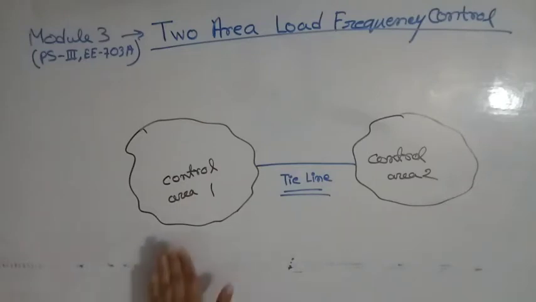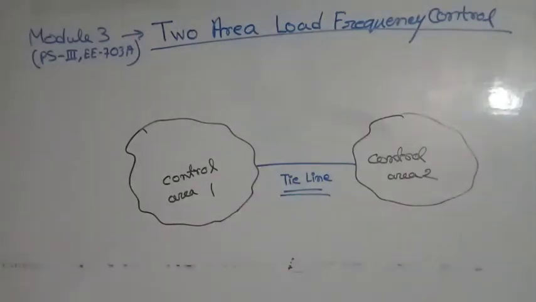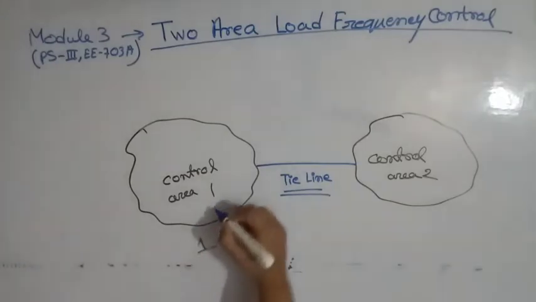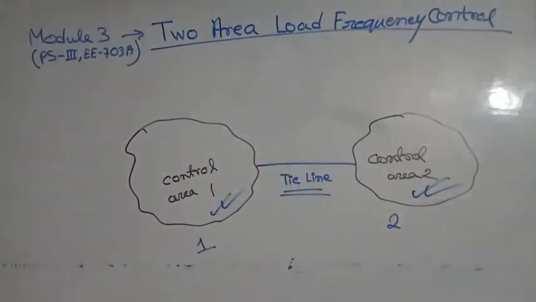Suppose this is the area of WBACDC and this is the area of CESC. So, they transmit the power according to the contract. It is conveniently assumed that each control area can be represented by an equivalent turbine generator governor system, with symbols used with suffix 1 for control area 1 and suffix 2 for control area 2.